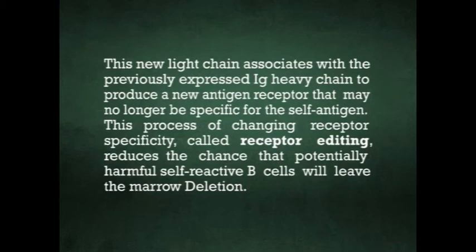This new light chain associates with the previously expressed Ig heavy chain to produce a new antigen receptor that may no longer be specific for the self-antigen. This process of changing receptor specificity, called receptor editing, reduces the chance that potentially harmful self-reactive B cells will leave the marrow.